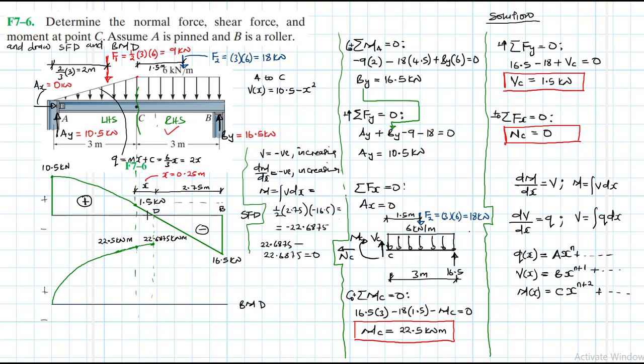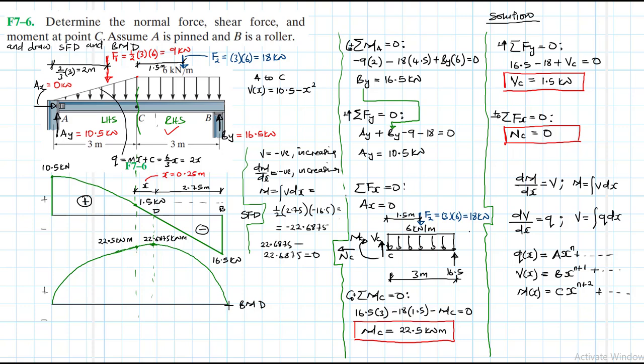So the shear is negative and linearly increasing. Therefore, we expect the moment to be quadratic in nature. It will have a negative slope but increasing. Of course, we know that a negative and increasing slope is just going to start like so, and increase. We may not have drawn it properly, but it will be quadratic in nature.